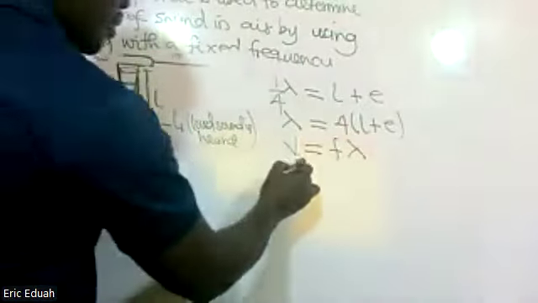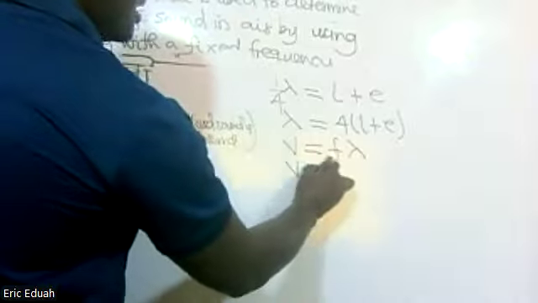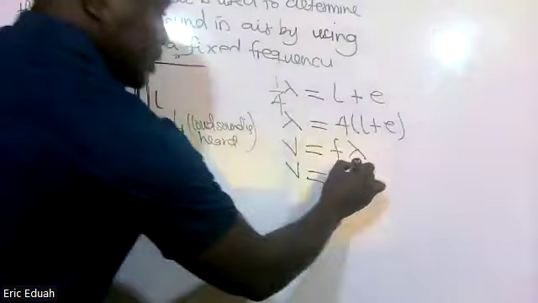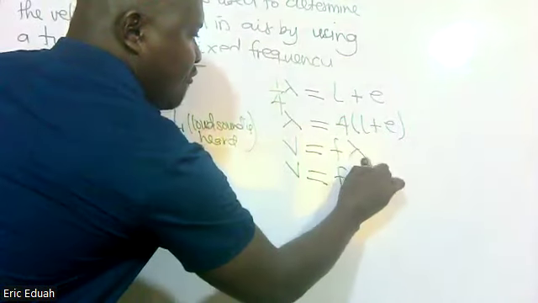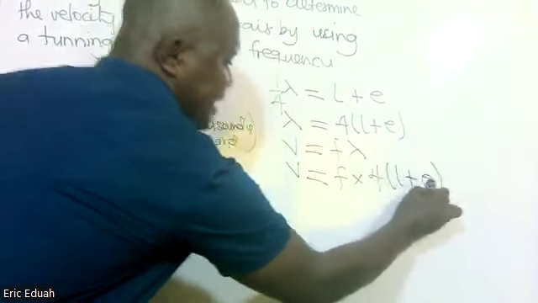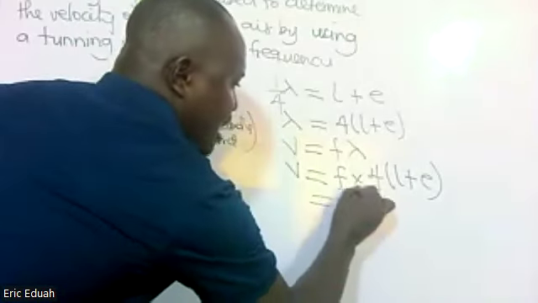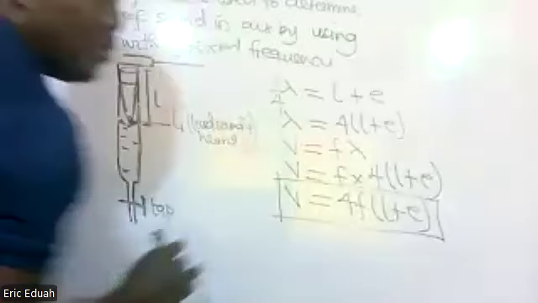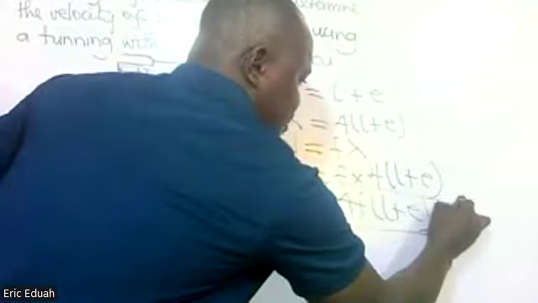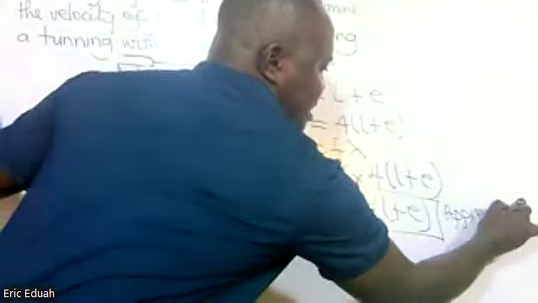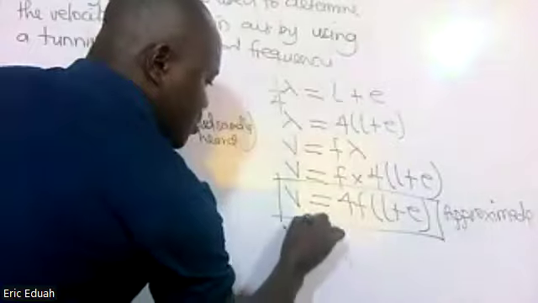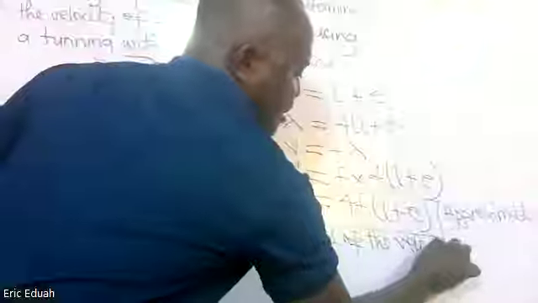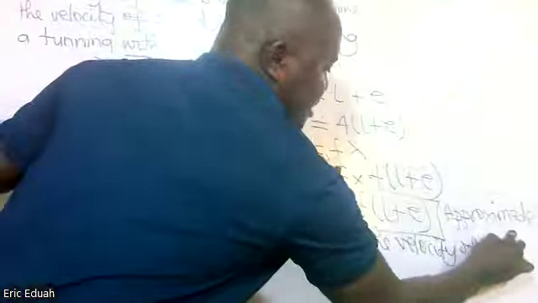So V will therefore be equal to F times 4(L plus E). 4F(L plus E) will be the approximate value of the velocity of sound in air.